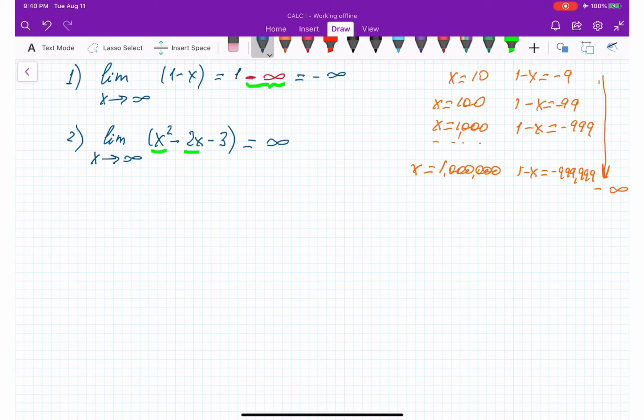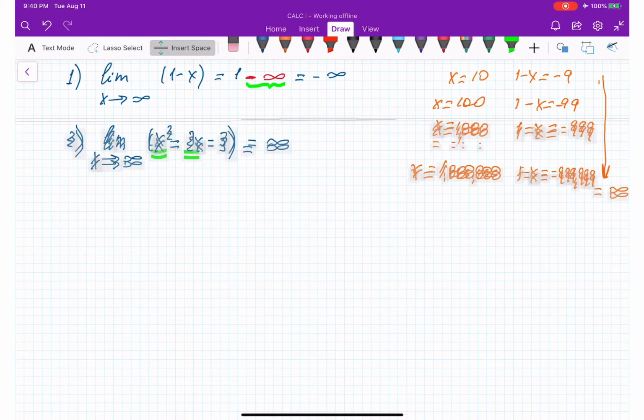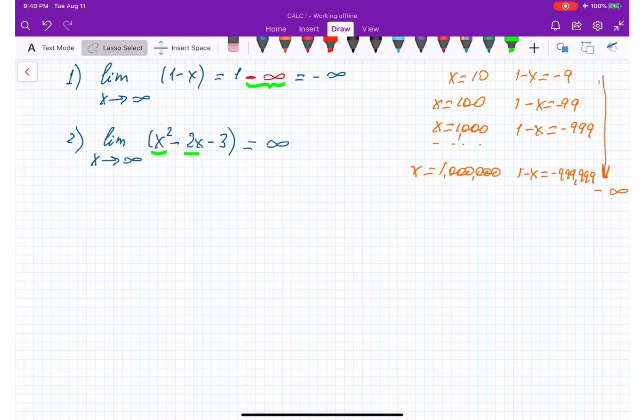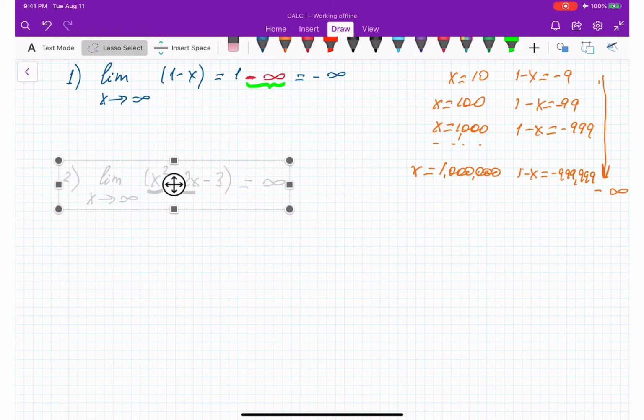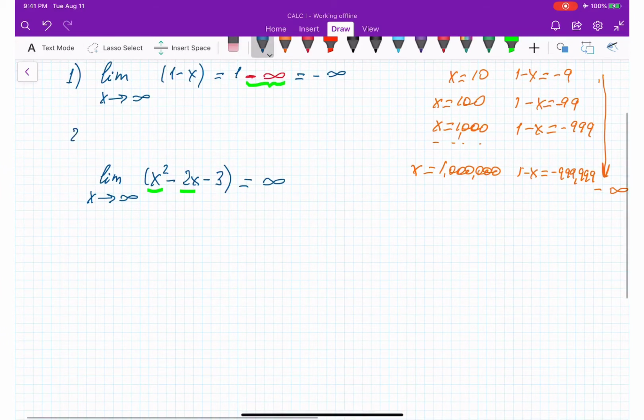Now, something just crossed my mind, I'd like to squeeze in another example that will help you understand better. Hold on, let me pull this down. Let me put it this way. Limit as x approaches infinity.